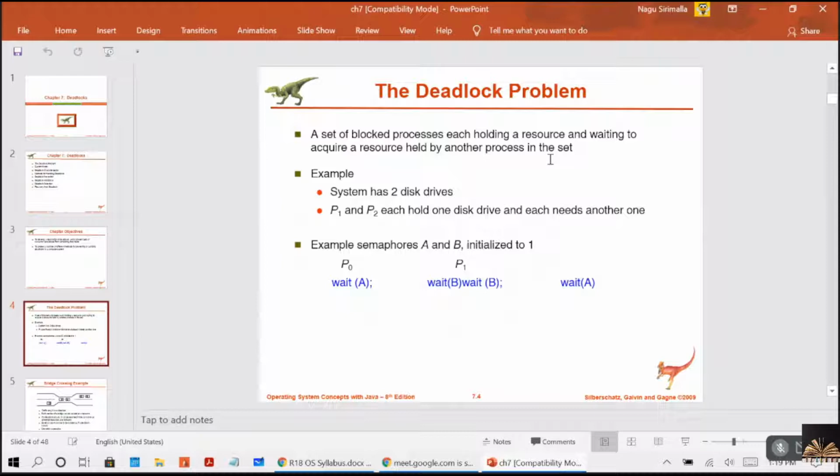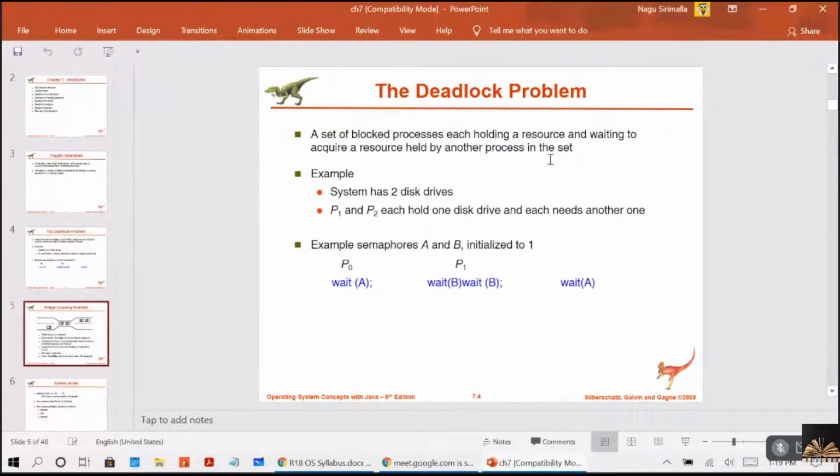Is it possible? No. Both are in the waiting state, and those resources will never be released. Those resources are blocked, not in use, and not available for use. That situation is called deadlock, right?